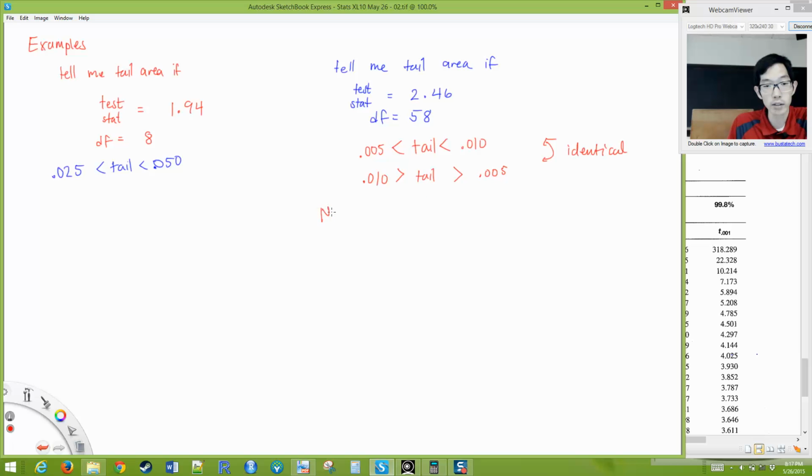Not allowed would be to write 0.010 less than tail less than 0.005. This is wrong, because there's no world or no set of math where 0.005 is greater than 0.010, because that's what this is saying. This is not allowed.